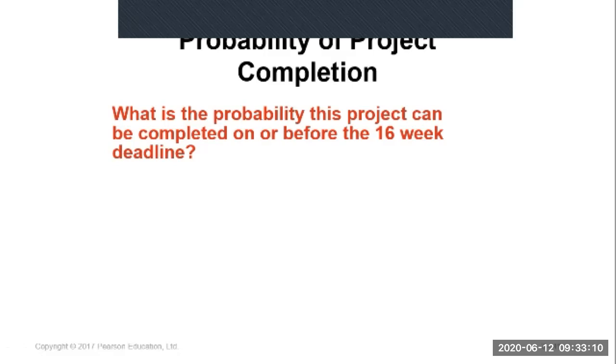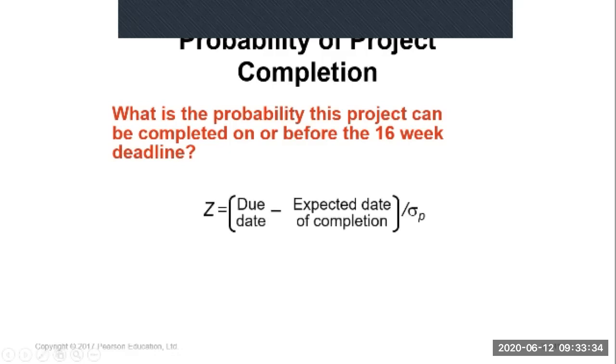But your manager said you have to complete this project within 16 weeks, which is okay, it's longer than your project completion time. So we want to identify the probability that this project can be completed on or before the 16-week deadline. We will use the normal distribution. I think in last semester, in 3164, I already explained to you about normal distribution.